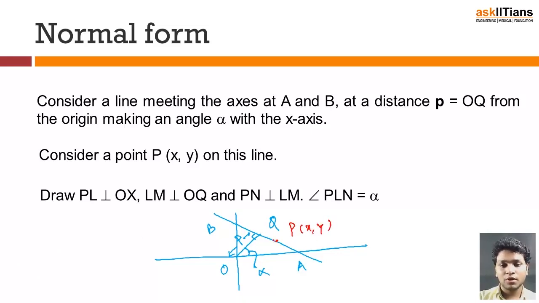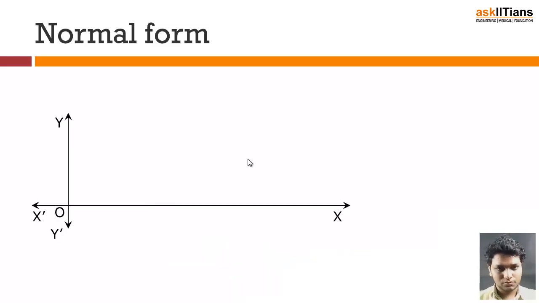PL was perpendicular to the x-axis, LM, which is parallel to AB, perpendicular on OQ, and PN perpendicular to LM. So from P I drop a perpendicular on LM, and the angle PLN will again become alpha from geometry.